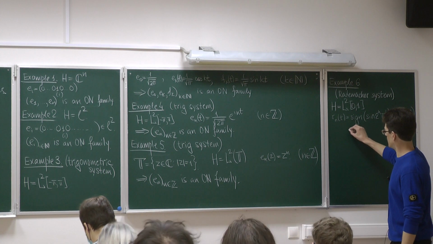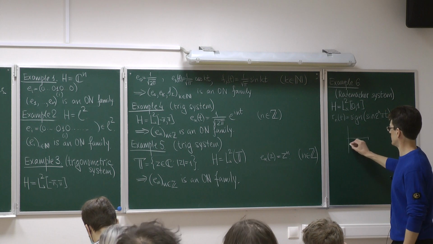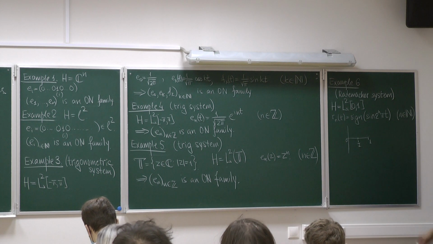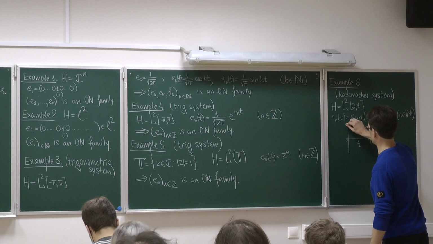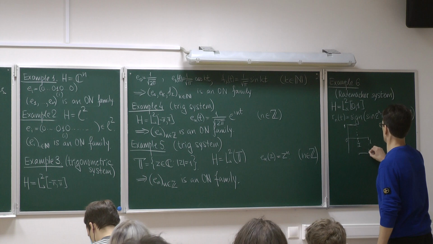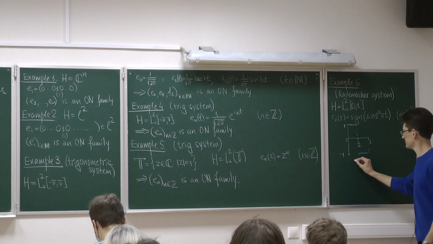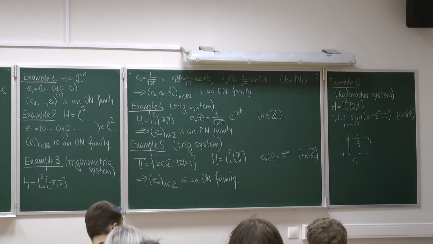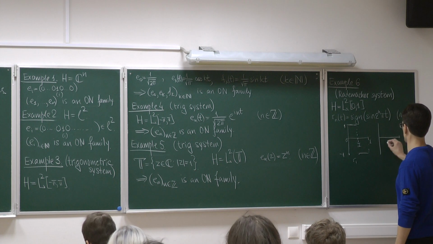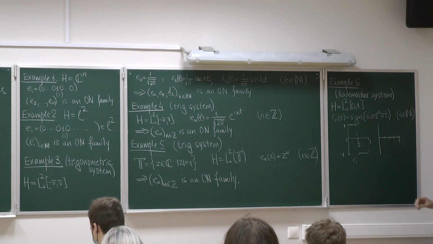So to draw R1, we divide the interval from 0 to 1 into 2 pieces, and we draw the following picture. So this is 1, and this is minus 1. So this is the graph of the function R1. To get R2, we divide the interval from 0 to 1 into 4 equal pieces. And we draw a similar picture.